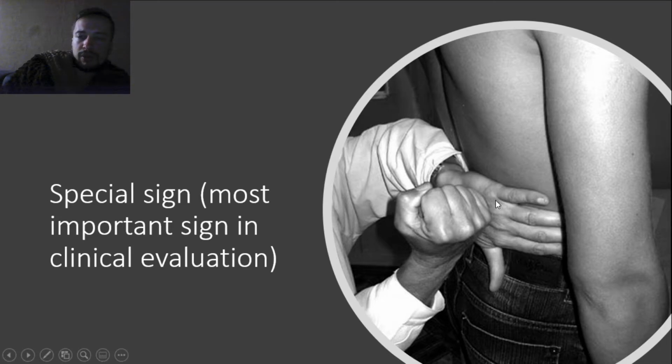And we call this Pasternatsky's sign. And there you see an arm on the ribs, downstairs of the ribs. But you can use this arm, or you can just use one arm and just hit the patient with one arm, without the second arm.